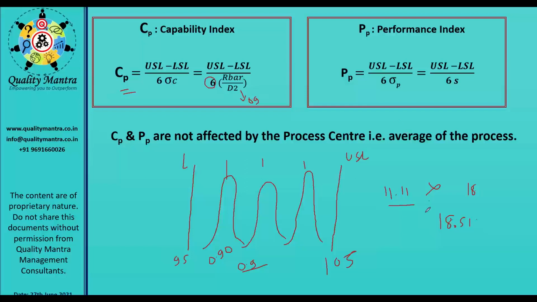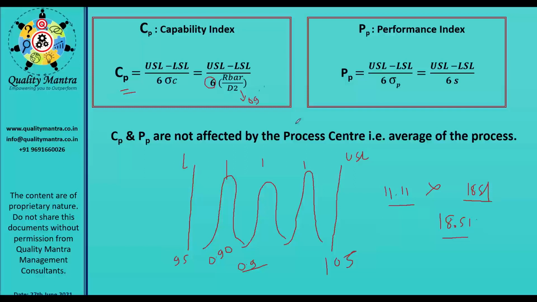Totally different, don't confuse. There is a relation. 1.851, yes. You told 18.51, somewhere you might have taken 9 here, and it should be 0.9. So 1.851 is the correct answer.